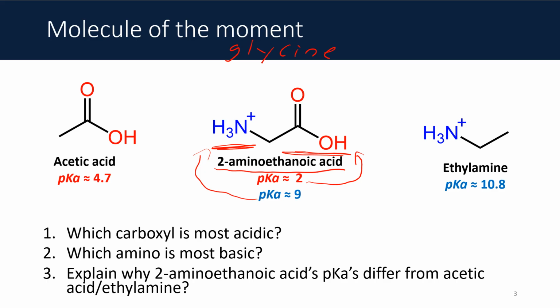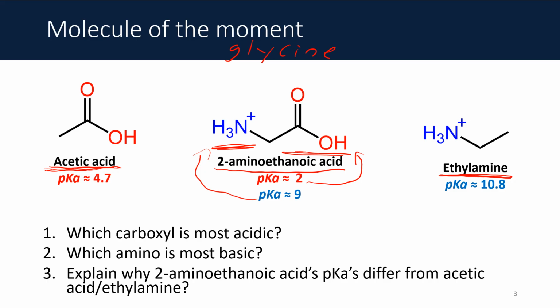Now, juxtaposed to glycine, I'm going to also show you two similar molecules. Acetic acid, which I think all of you probably loathe at this point, and ethylamine. Think of them as fragments of glycine.